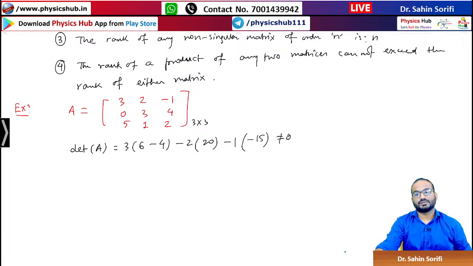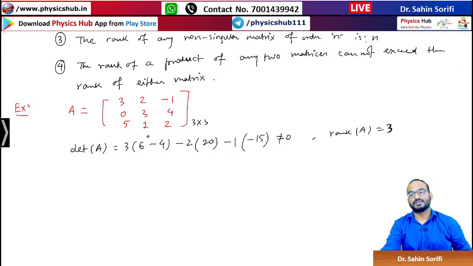This is not equal to 0. So rank of A is 3, because you have found the largest non-vanishing square submatrix.